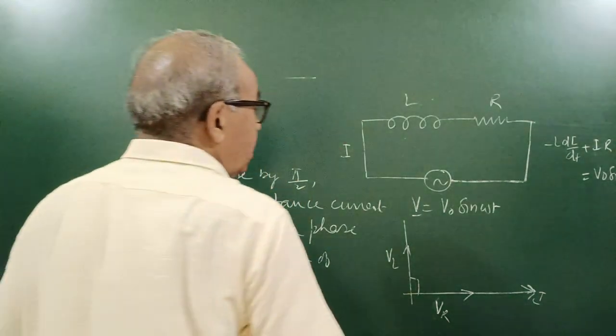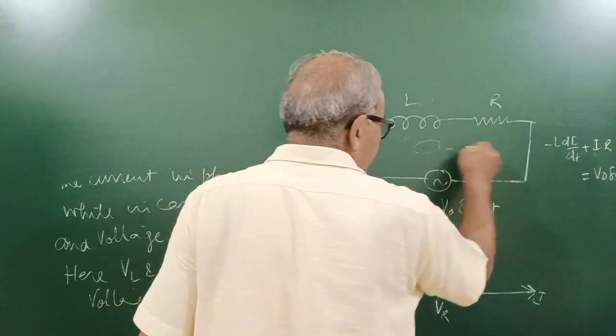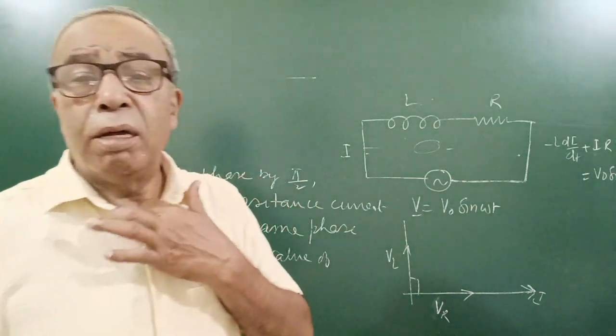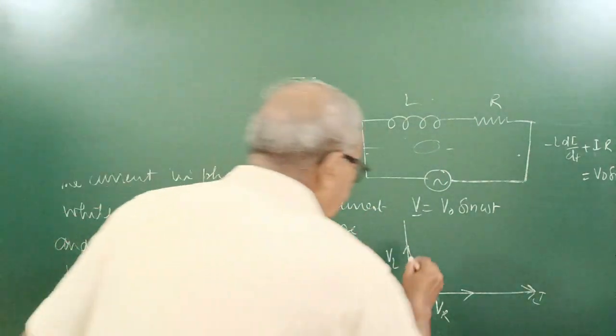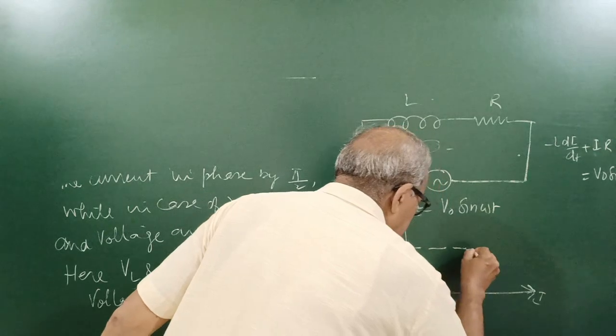Therefore, if we connect a voltmeter here, that will measure the RMS value of source as well as the sum of RMS values, the vector sum. So that sum will be given by the law of parallelogram like this.